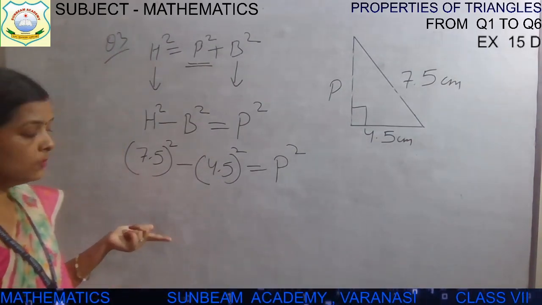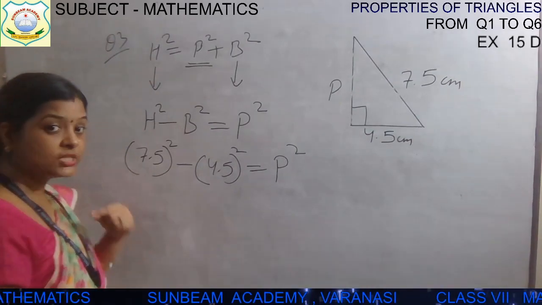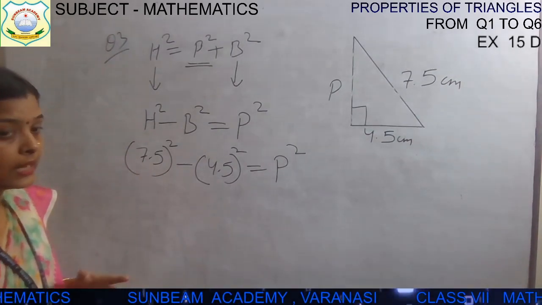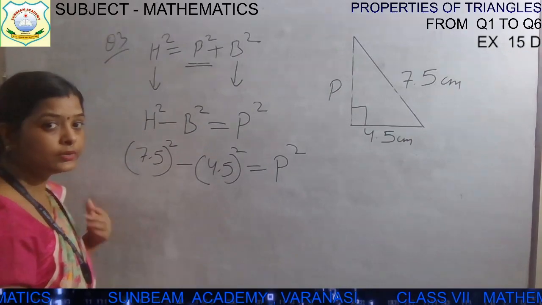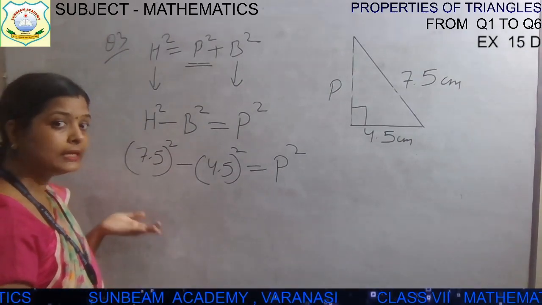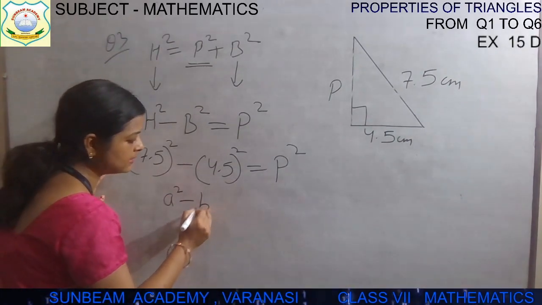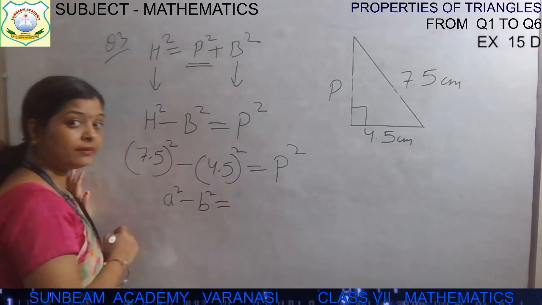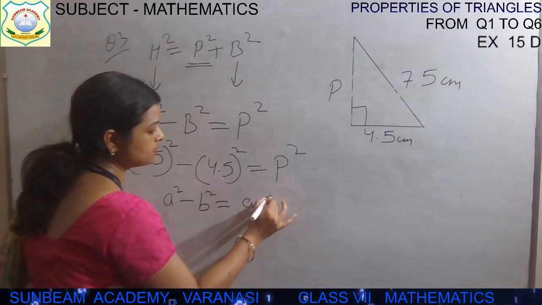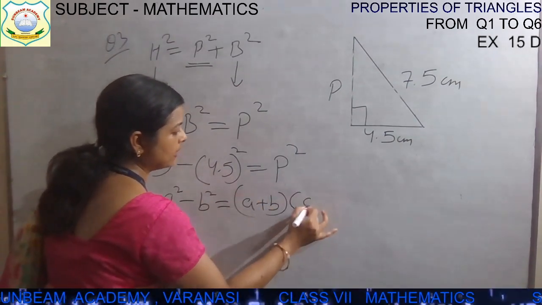Or you can do it by using a formula which is given in your book also, children, and actually it is in class 8, but you can utilize your mind to solve it in an easier way. The formula is, if we have a square minus b square, it can be written as (a plus b) into (a minus b).